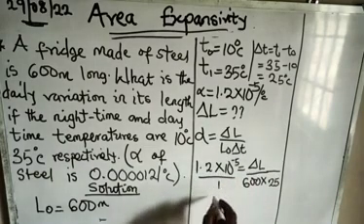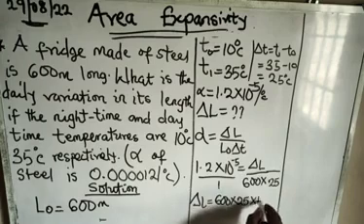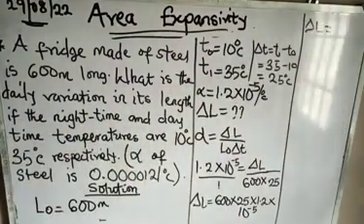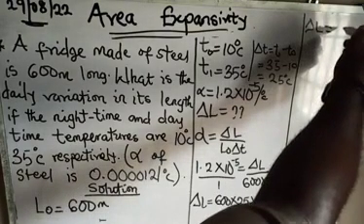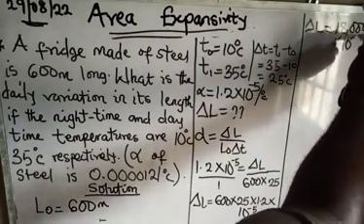Now cross multiply. I will have that my change in length is equal to 600 times 25 times 1.2 times 10 to the power of negative 5. Let me press my calculator for that multiplication: 600 times 25 times 1.2 gives us 18,000 times 10 to the power of negative 5.